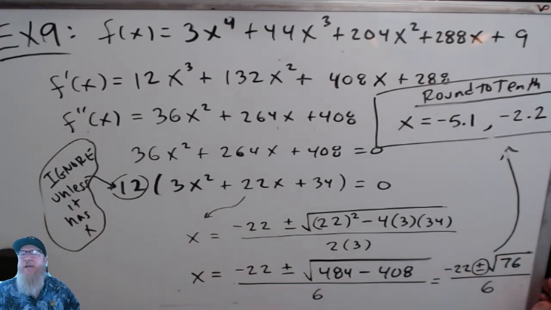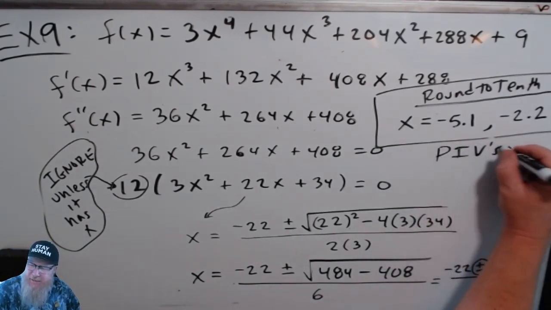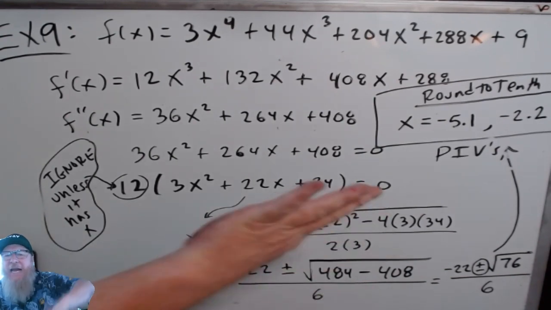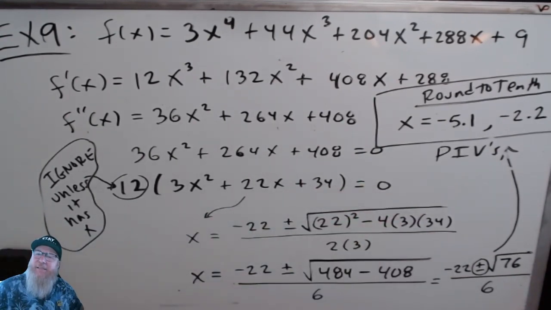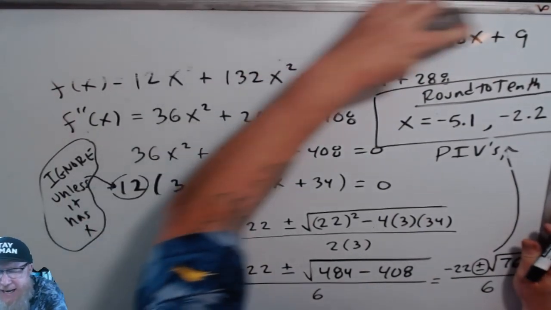So there's two negatives. Now, we don't know. These are PIVs, yeah? Possible inflection values. I have to test them, right? If they change concavity, then that means they are genuine inflection values, right? So let's do the test.